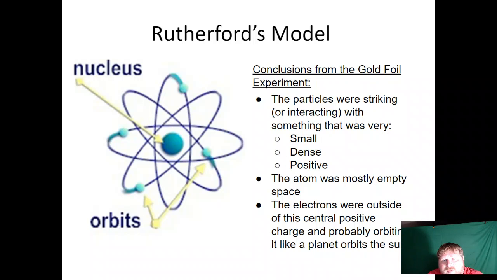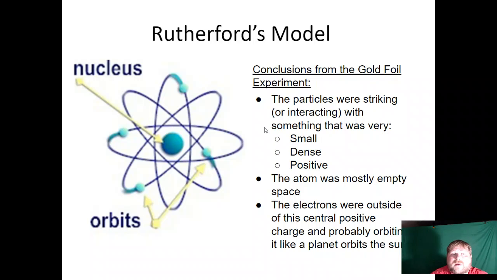Otherwise, these alpha particles would just blow it up like throwing a bowling ball at bowling pins. It would just knock it to pieces and scramble it. But it didn't happen. Whatever it was hitting was so dense that the alpha particle could be deflected or reflected straight backwards with no change to the gold foil.